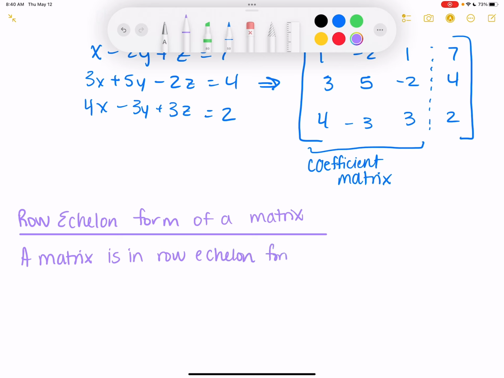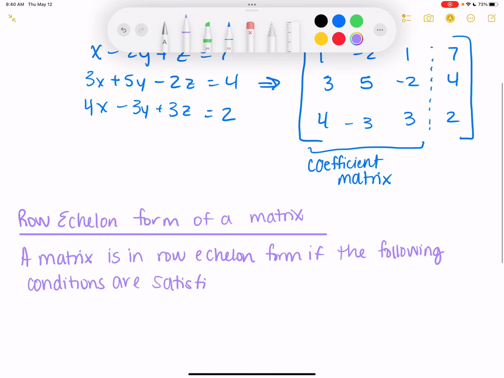Oh, wow. I took a drink out of my water bottle and the little thing wasn't flipped up. I definitely do that a lot. If the following conditions are satisfied, I'm so upset. I wish we had gotten ourselves water bottles. I know.